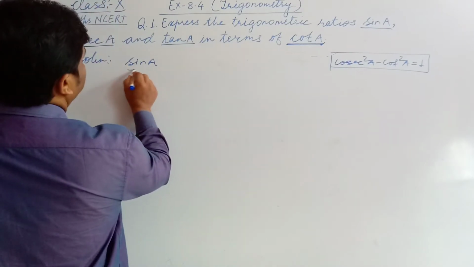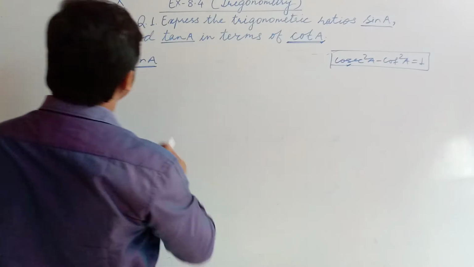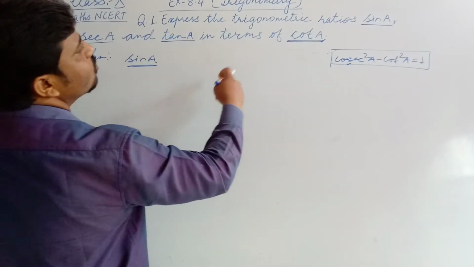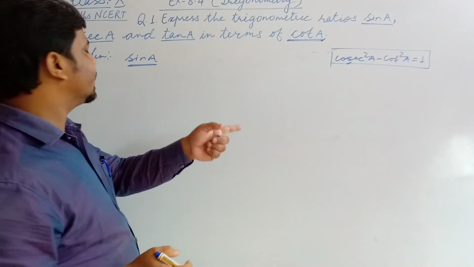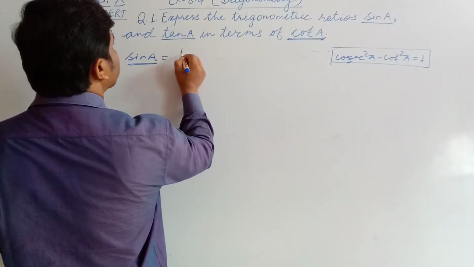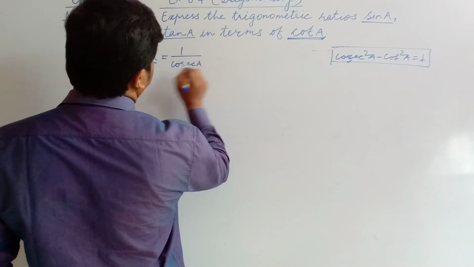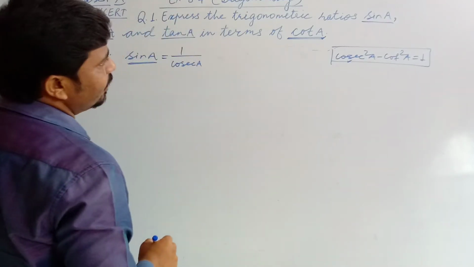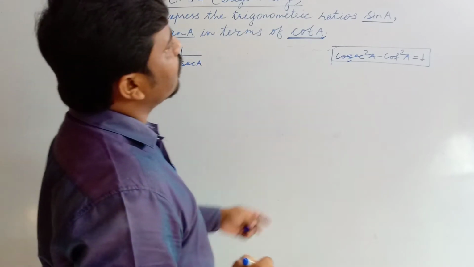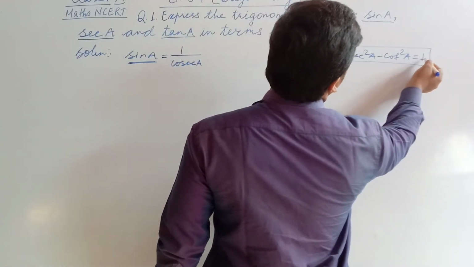And we have sin A, and here you can see cosec square A. So sin can be changed into cosec because cosec is the reciprocal of sin. So here we will write 1 by cosec A. And you know that cosec square A minus cot square A equal to 1.